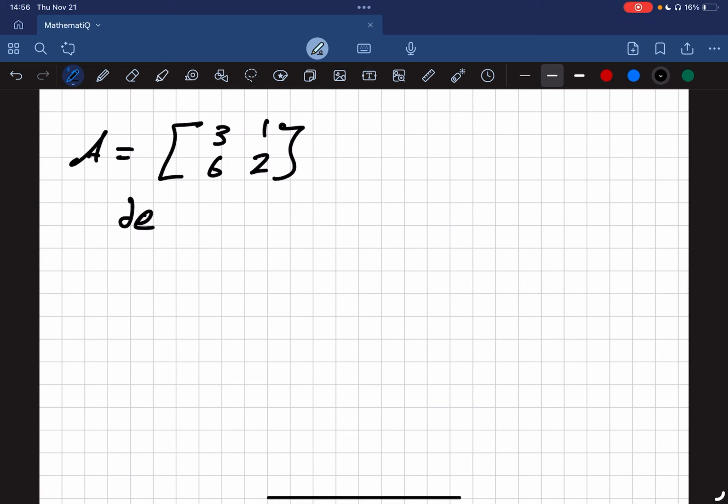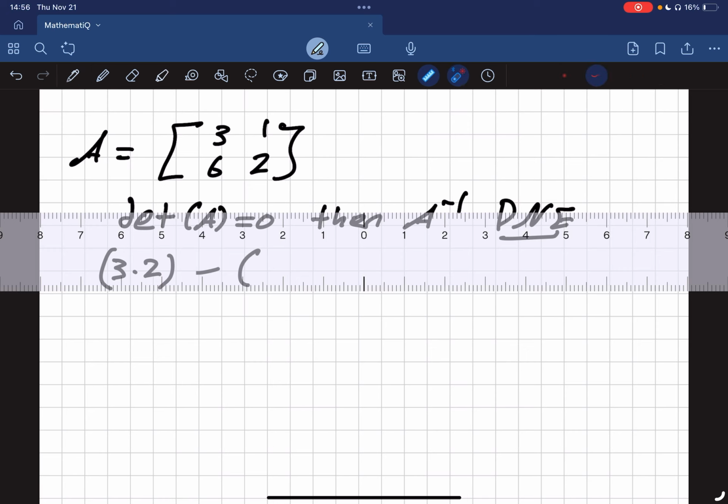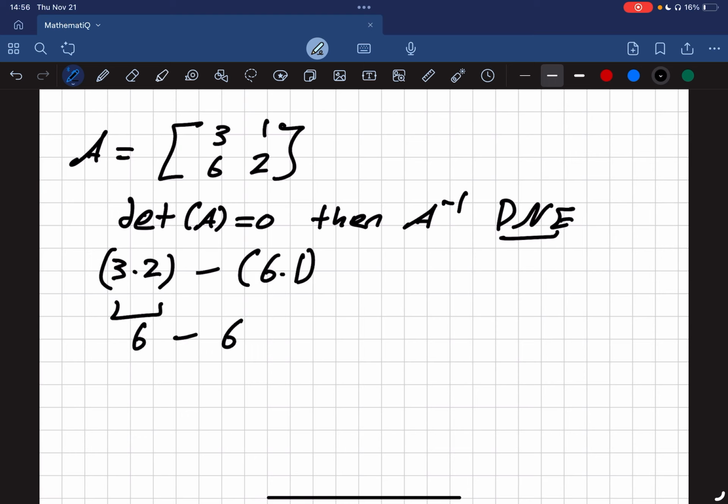And the reason for that is we said if the determinant of A is equal to 0, then the inverse of A does not exist. This is very important. So if we find the determinant, we find it to be 3 times 2 minus the other diagonal, right? So you go this way, you multiply these, and then you subtract these products together. So 6 by 1, you get 6 minus 6, which is 0.